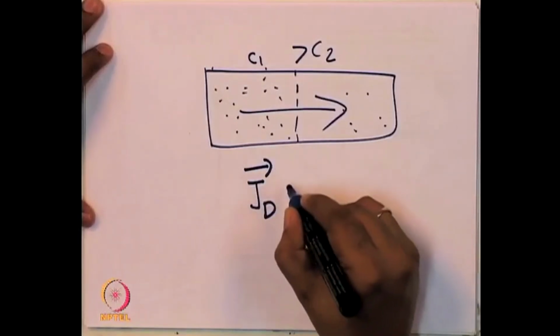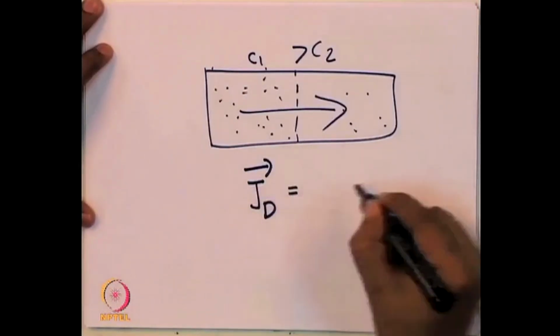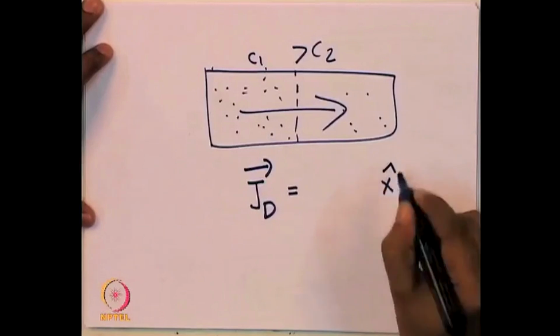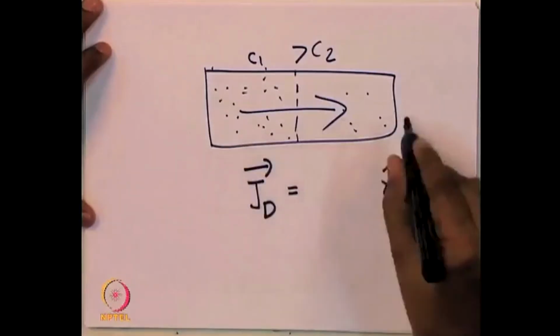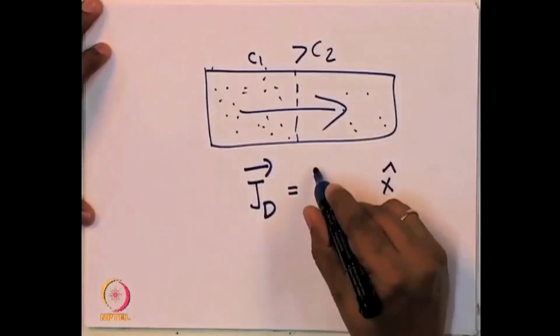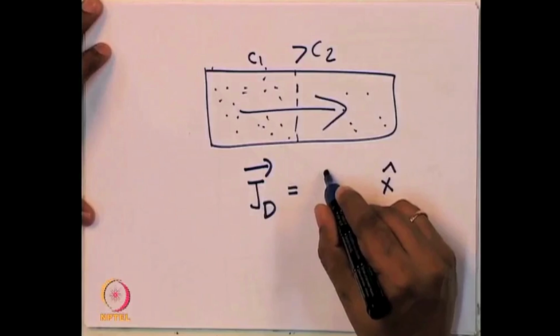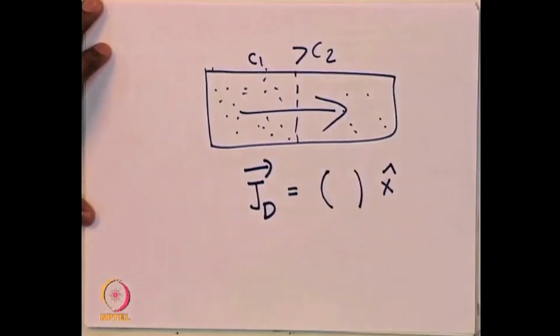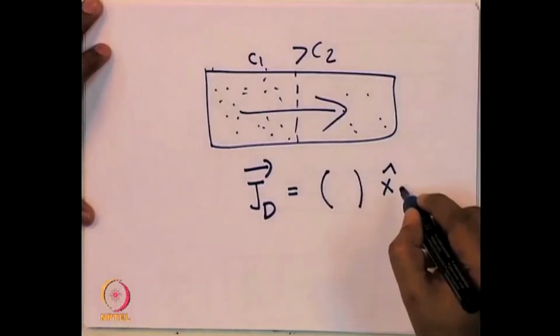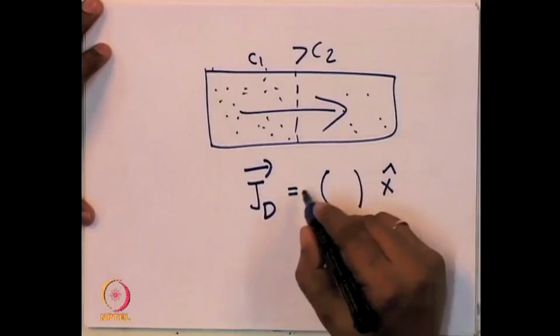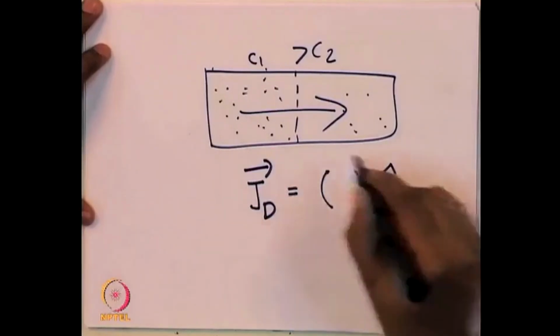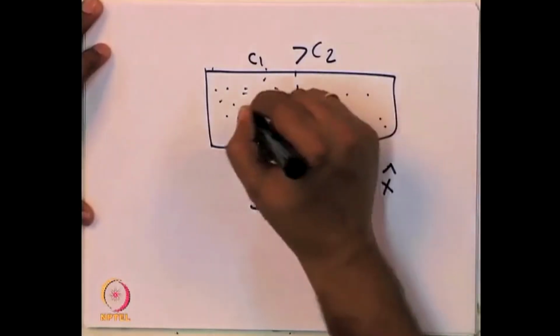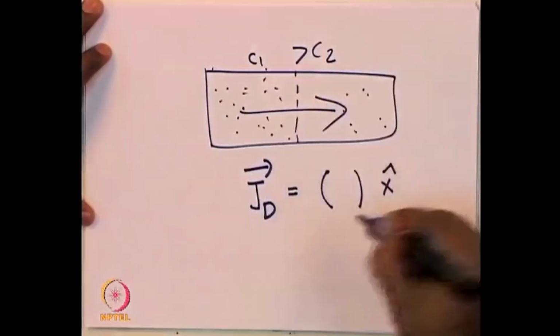We know the direction has to be along the x direction. There is some magnitude and some direction, and we do not know what the magnitude is, but we know the direction, it has to be along this, because here it is more concentration, here it is less concentration.